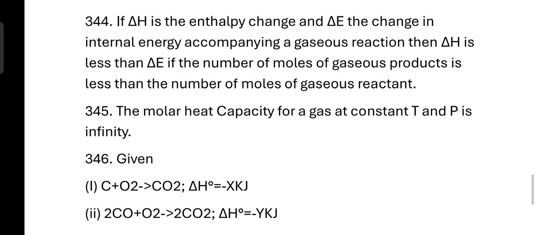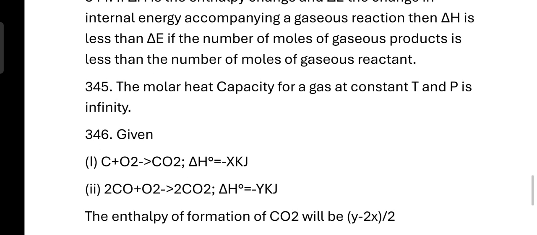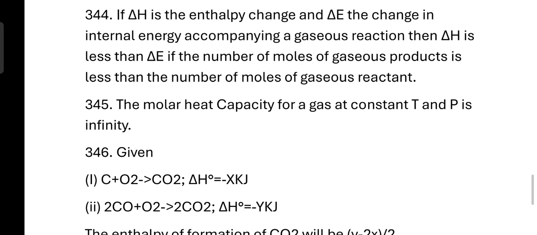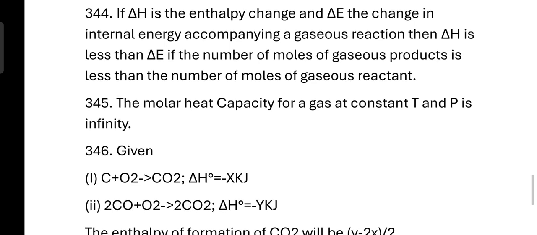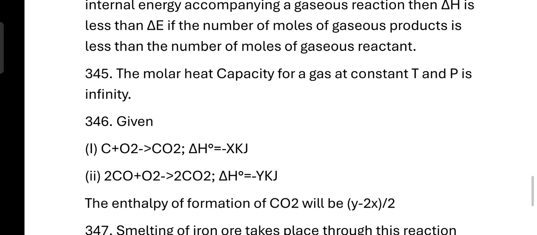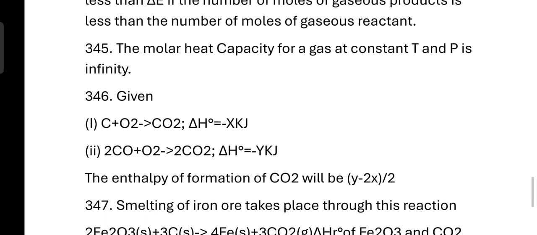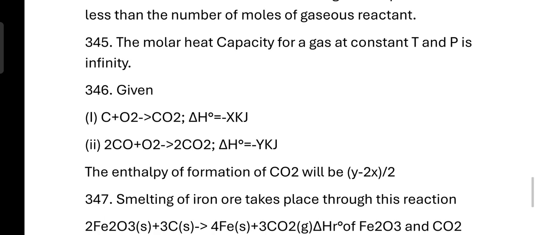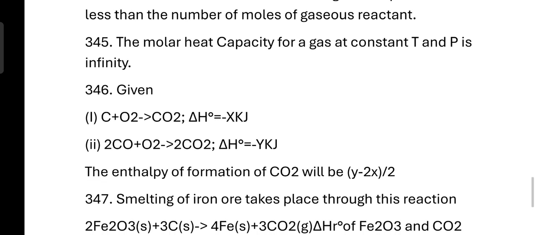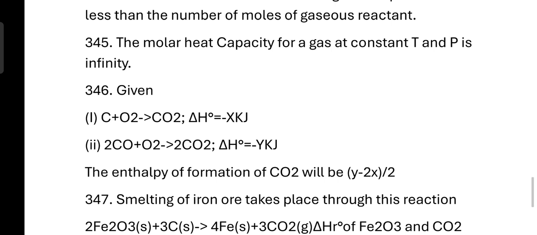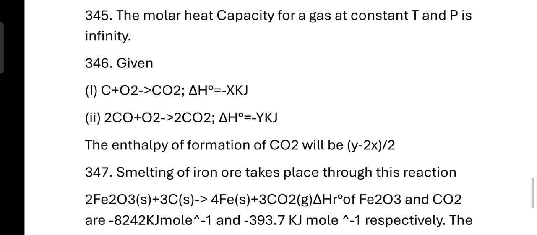If delta H is the enthalpy change and delta E the change in internal energy accompanying a gaseous reaction, then delta H is less than delta E if the number of moles of gaseous products is less than the number of moles of gaseous reactants. The molar heat capacity for a gas at constant T and P is infinity.